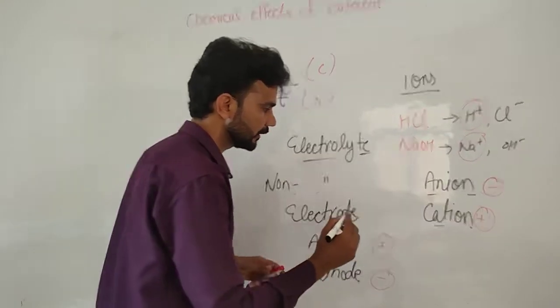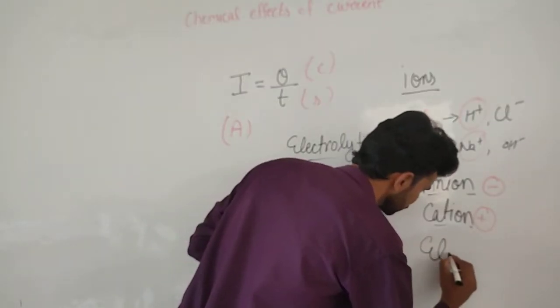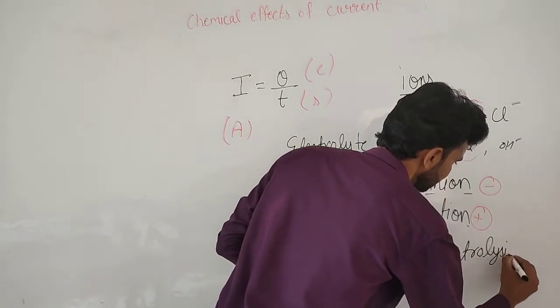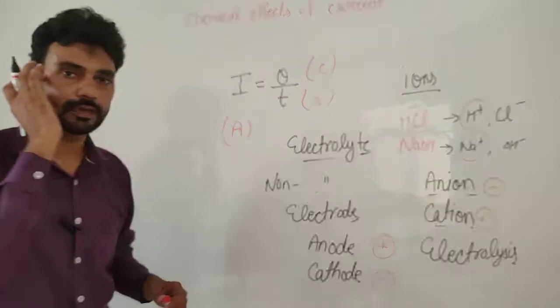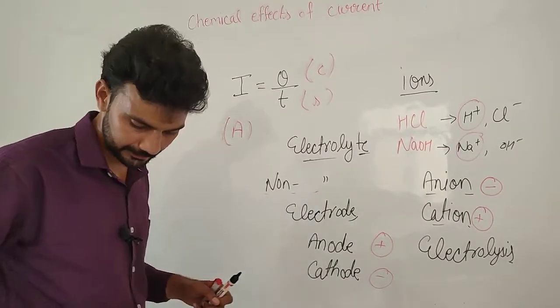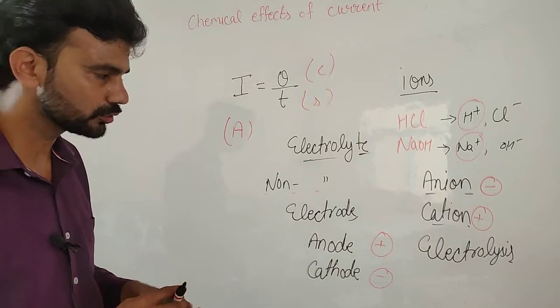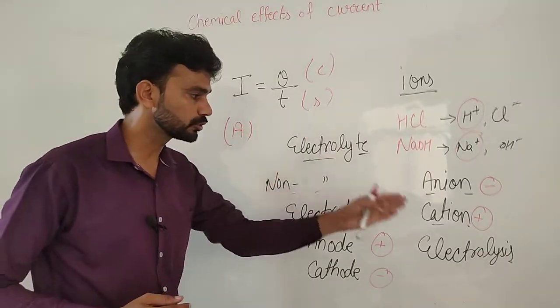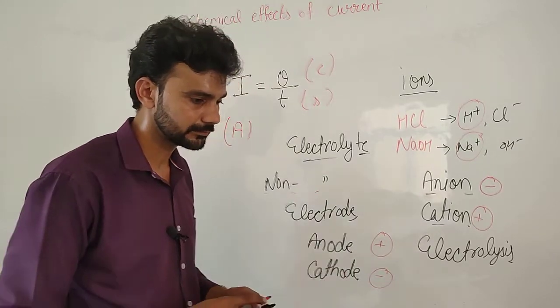After this, we studied electrolysis. We discussed that an electrolyte is an aqueous solution which can conduct electricity and at the same time undergo chemical change, and that process is known as electrolysis.